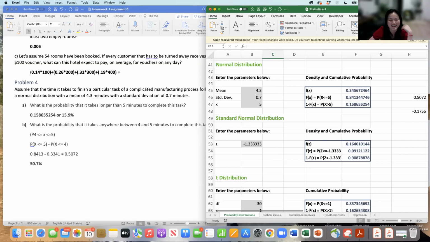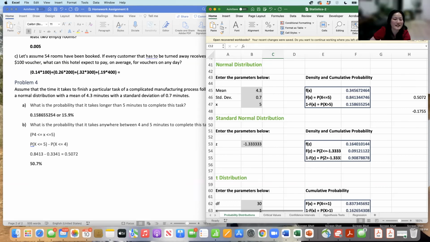As I said, if we calculate the probability for a normal distribution of X equal to 4, for example, it'll be 0. The same if we calculate the probability of x equal to any specific value, it'll all be 0.